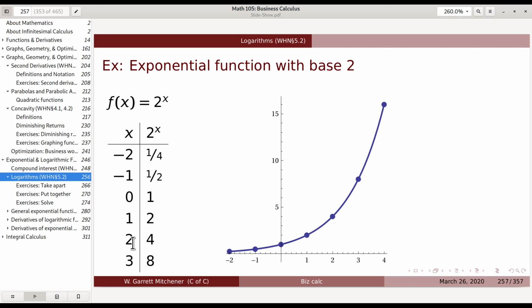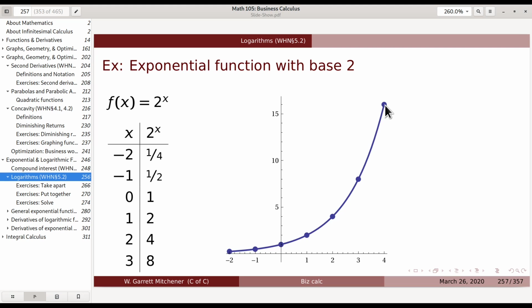If I step from x equals 2 to x equals 3, y doubles from 4 to 8. Now I don't have it in the table, but if I take another step to the right and go from x equals 3 to x equals 4, y doubles from 8 to 16.